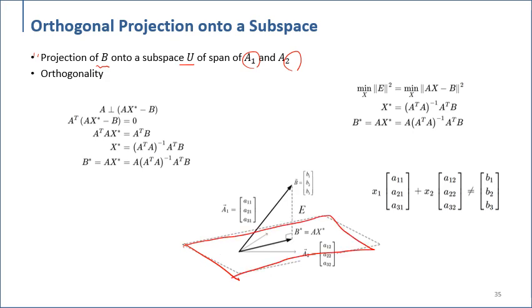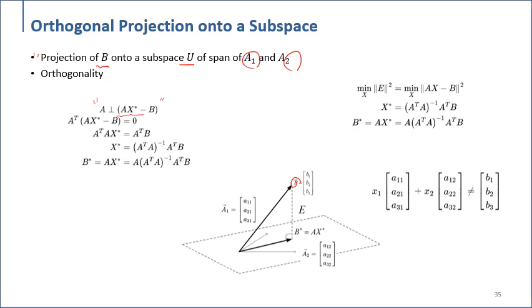In order to minimize the L2 norm of E, it should be orthogonal to this plane. That means we can interpret b star as the projection of the b vector onto this plane. This is a geometrical interpretation, and we can rewrite it mathematically.